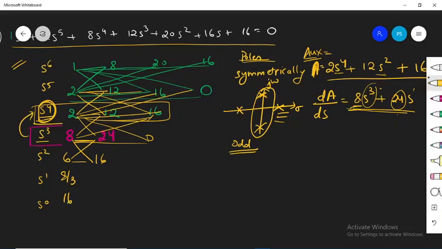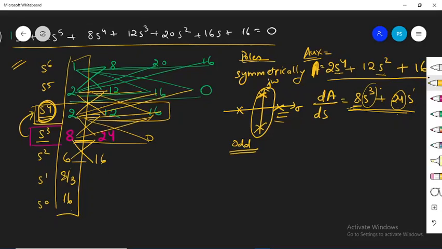Now again you have to do the same thing, observe how many sign changes are occurring. Okay, if there are no sign changes, that means that there are no poles lying on the right hand side. So you can see over here, the first column is 1, 2, 2, 8, 6, 8 by 3 and 16.